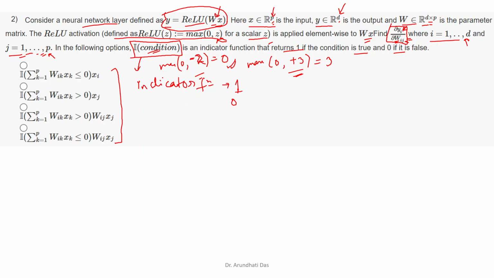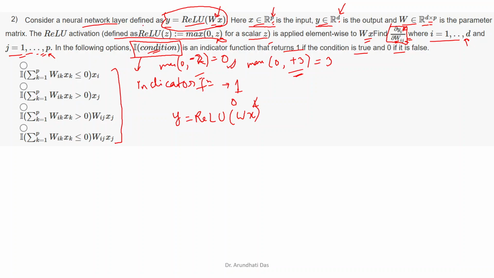As we can see here, y equals ReLU(Wx), already given. x is the input, y is the output value, and W is the weight matrix, so we will not repeat that.